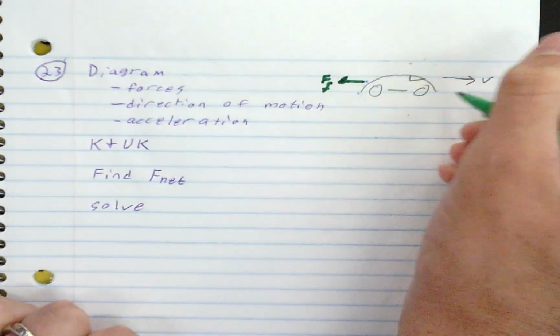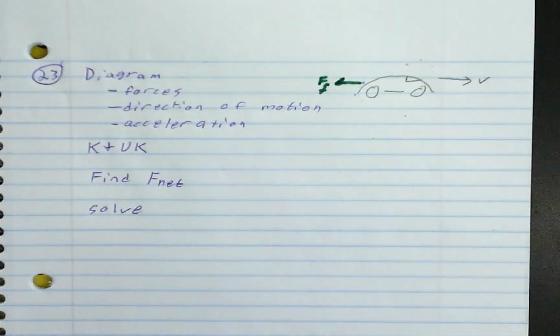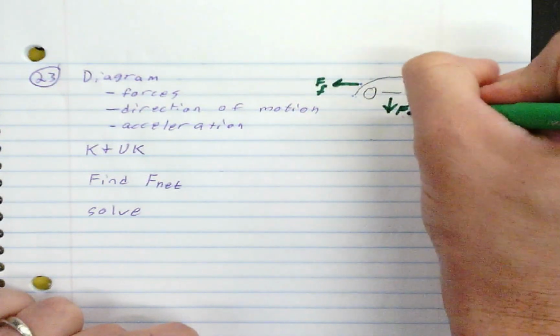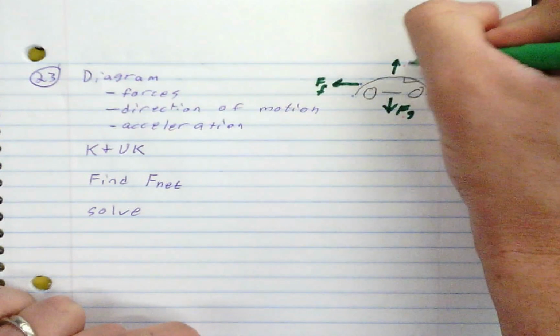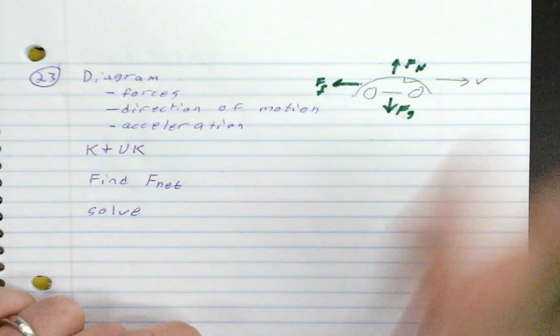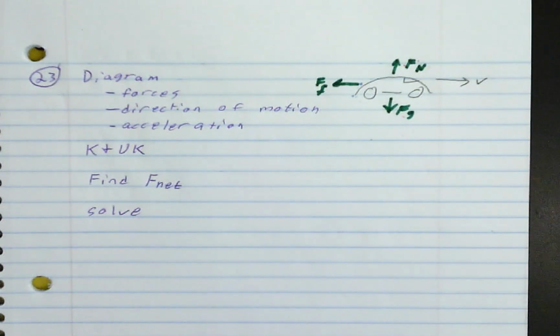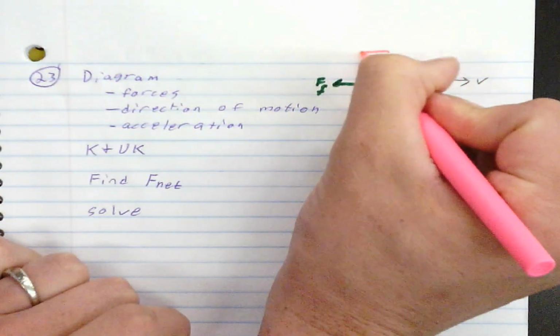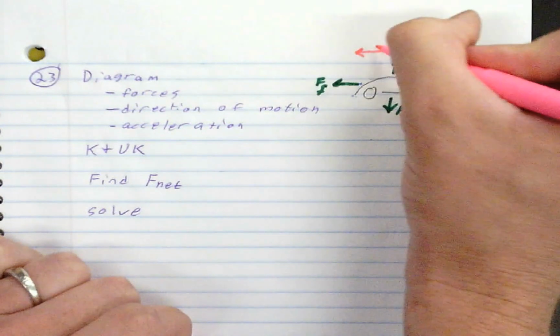We said there's no applied force to the right because we put our car in neutral. We've got gravity acting down, and normal force acting up. And then the acceleration is going to be the direction of the rate of change. Since we're slowing down, it's opposite of motion, so a will be backwards.